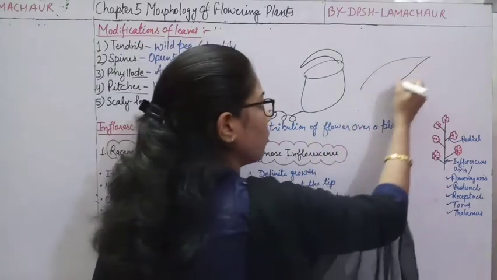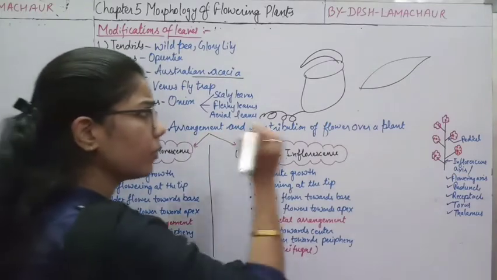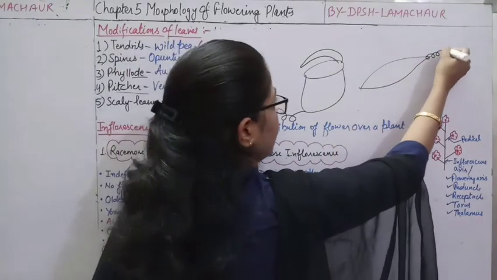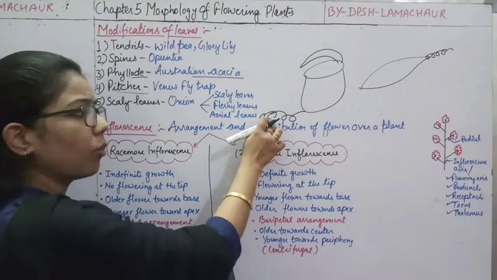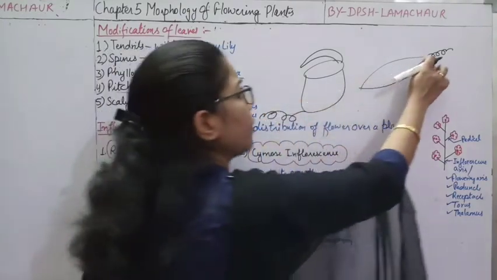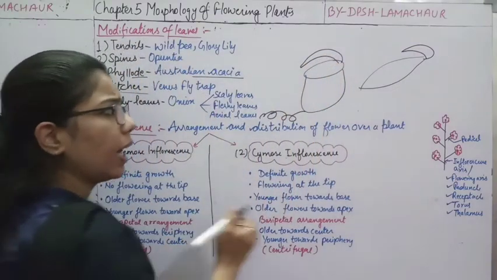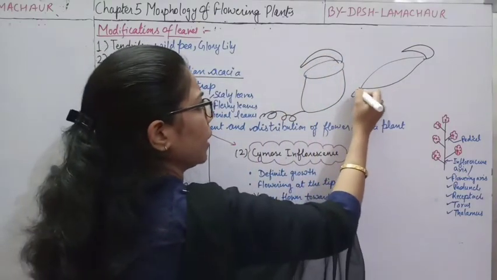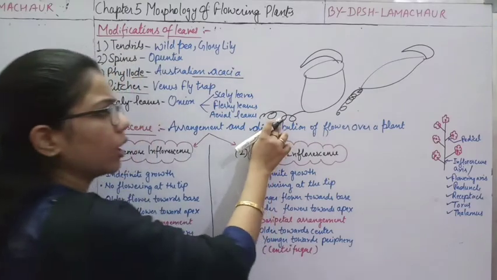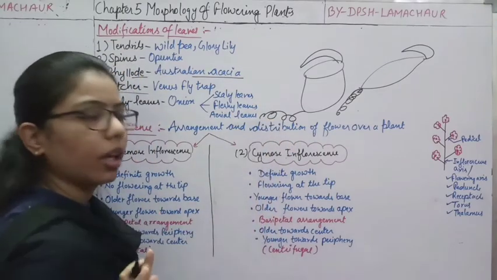How is it a modification of leaf? We know the structure of the leaf like this. The leaf apex will transform into this lid here, and the petiole, or the leaf base part, will transform into this tendril. Are you getting it?